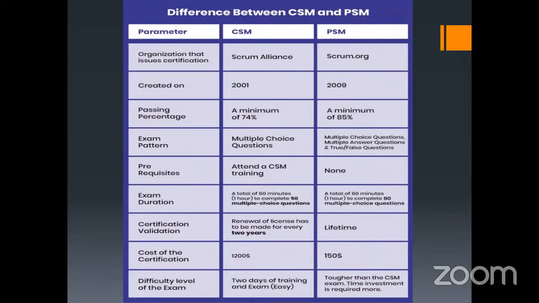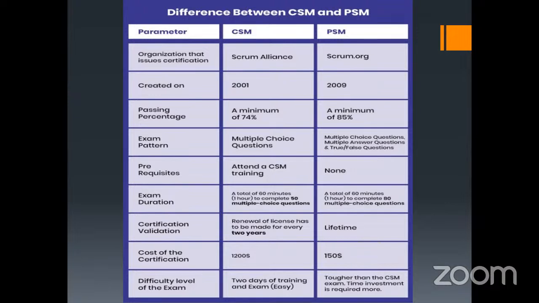CSM validity is 2 years, while PSM validity is lifetime. The cost of the certification for CSM is more compared to PSM. For PSM, it is $150, which is about 12 to 13,000 rupees.